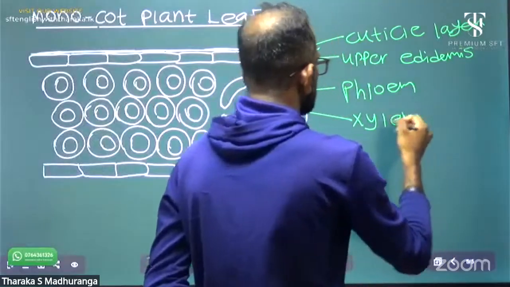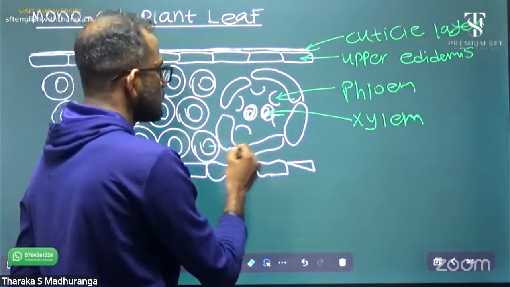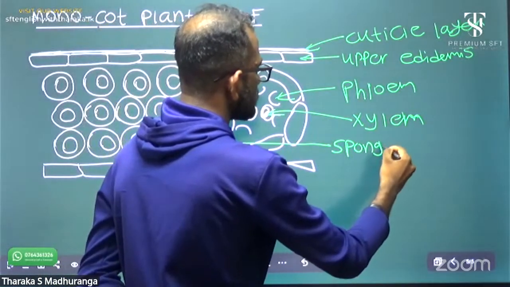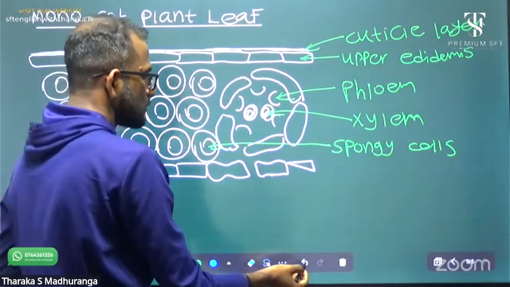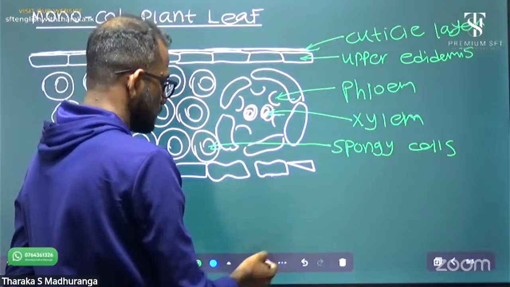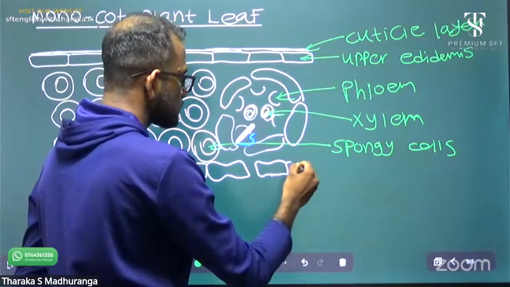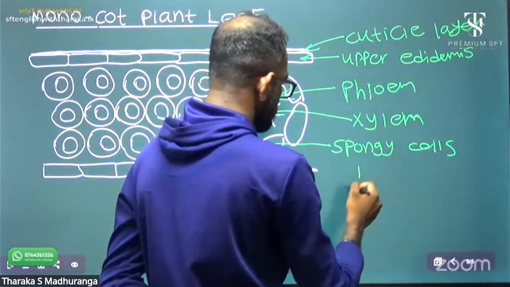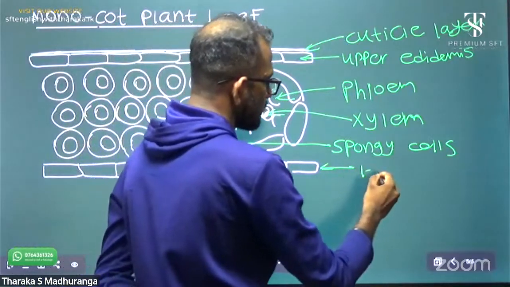Xylem for water and mineral transportation, phloem for food transportation, spongy cells, and lower epidermis.